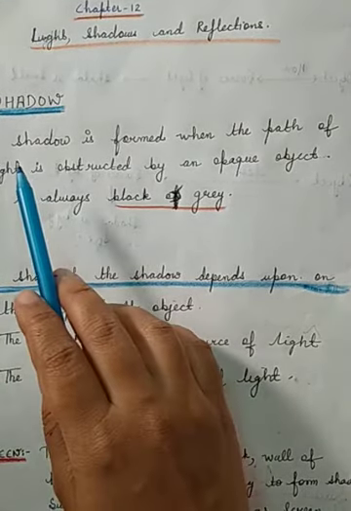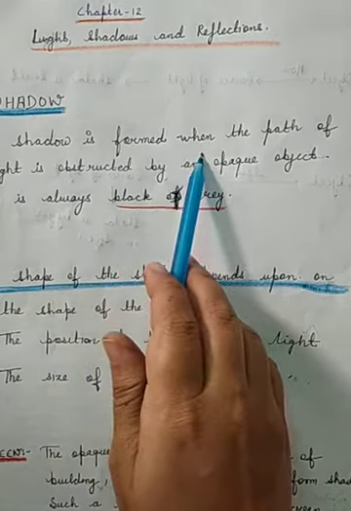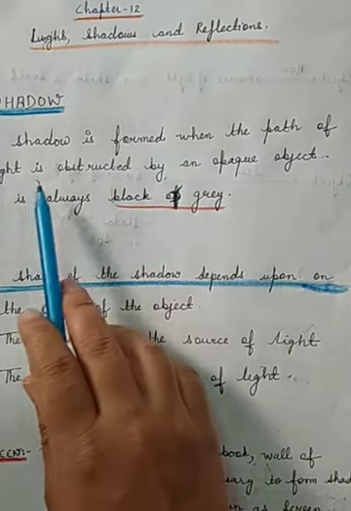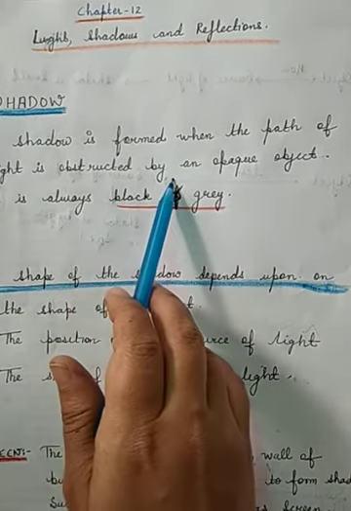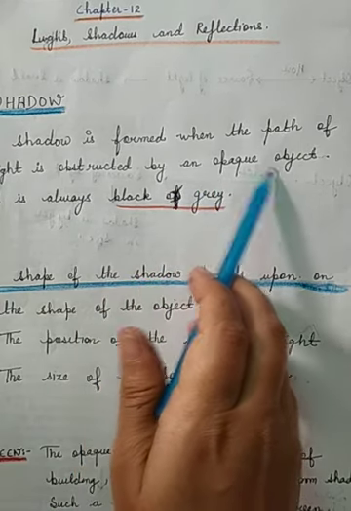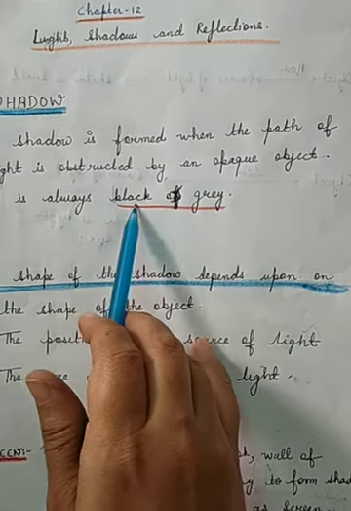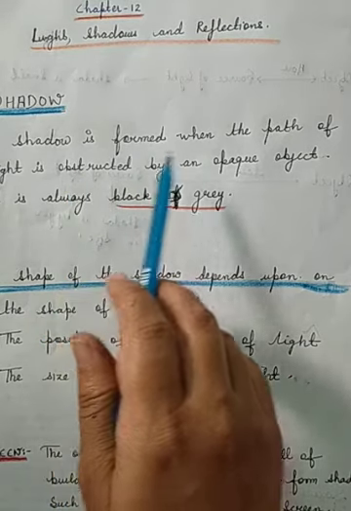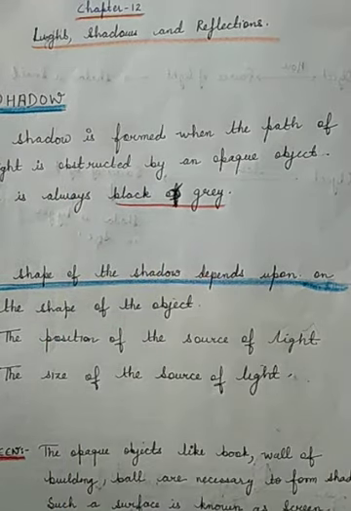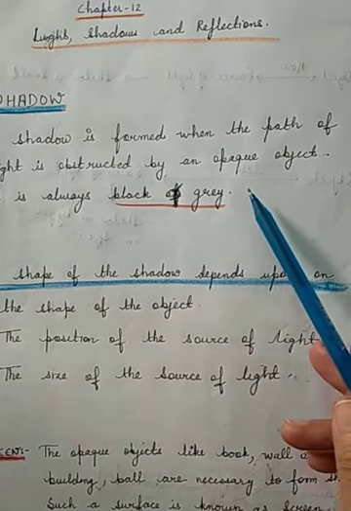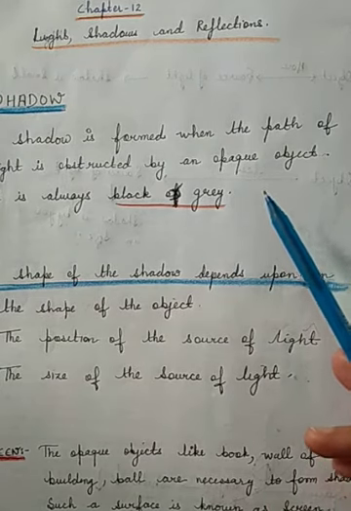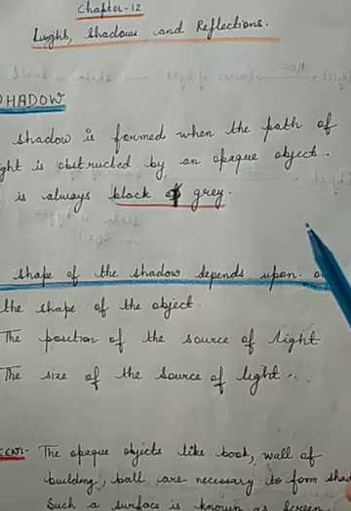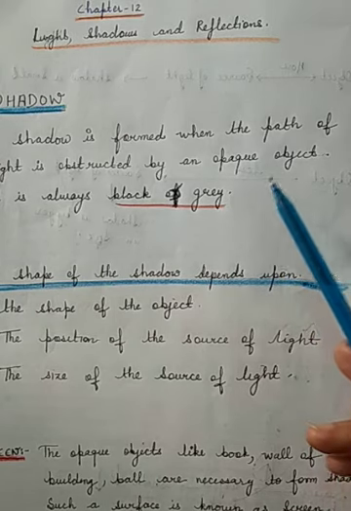So a shadow is formed when the path of light is obstructed by an opaque object. It is always black or gray. So what is a shadow? Which is formed when the path of light is stopped by any opaque object. Opaque object we have done, through which you cannot see things.